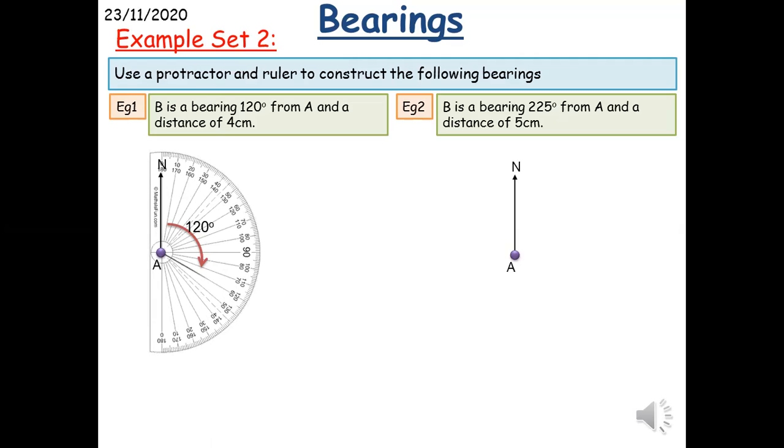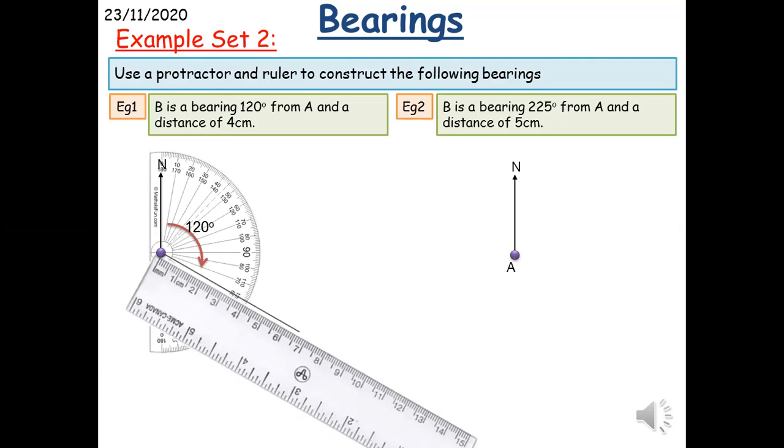So it will be anywhere on that line. But he wants me to make a distance of 4 centimeters. How do I measure the distance? I use a ruler. So I will decide where is the 4 centimeters, and then I will draw a line. This line has an angle of 120 degrees and a length of 4 centimeters.